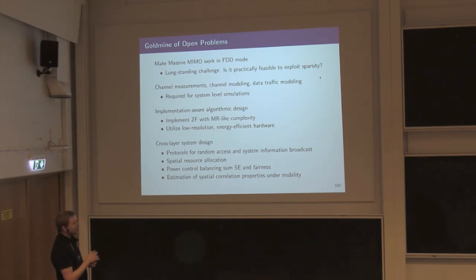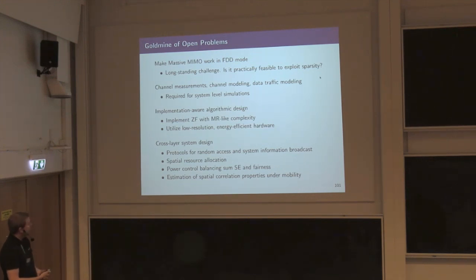For example, to implement zero forcing or regularized zero forcing or these multi-cell MMSE things with the complexity that is more like maximum ratio. And to try to get maybe lower resolution, energy efficient hardware into it. Maybe we can cut down on the hardware components and do some clever approximations in order to get good performance in an energy efficient way.